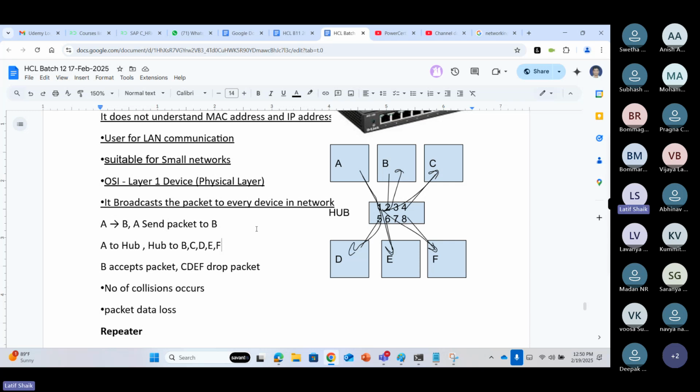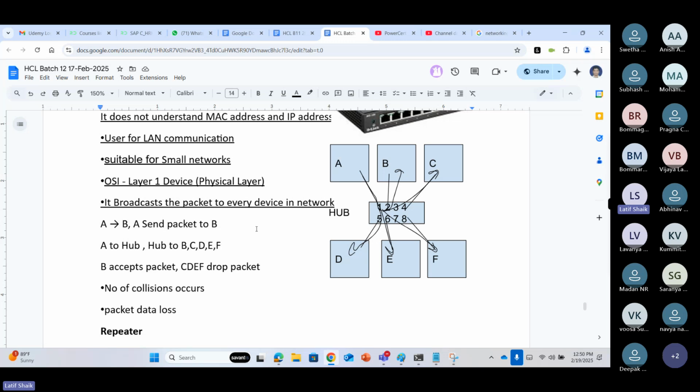Or in B to D communication, the packet is also sent to C, so C is receiving B's and D's packets. Unnecessary traffic increases, so collisions will occur in the data. With more collisions, data packet loss also occurs. That's why a hub is suitable for small networks.